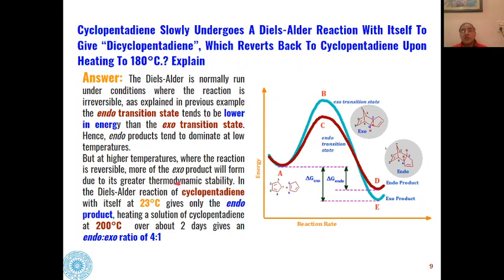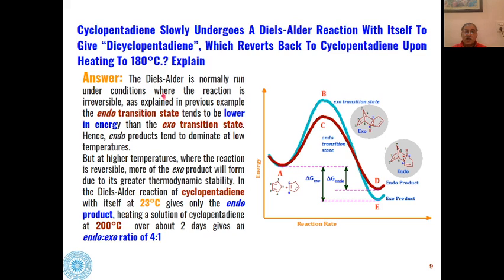So for example, this can again be explained on the basis of an energy profile diagram. As you know, ACD is the energy profile for the formation of the endo product, and ABE is the energy profile diagram for the formation of the exo product when two molecules of cyclopentadiene undergo a Diels-Alder reaction to give us dicyclopentadiene.